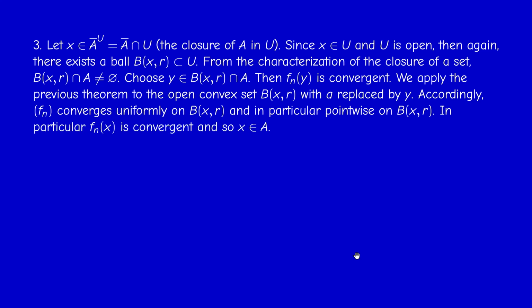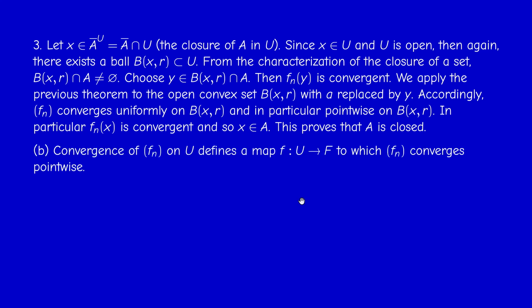So in particular, Fn of X is convergent, and so X is in A. So any point in the relative closure of A with respect to U is in A. And of course, A is contained in its closure, so we have equality. So this proves the third point, and this concludes the proof of the first conclusion.